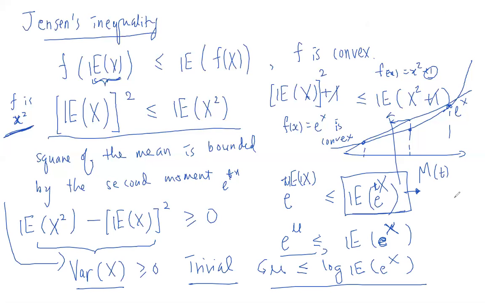So the moment generating function has a lower bound given by e to the t mu, where mu is the mean. And if there are inequalities related to the exponential function, you can further connect, right?